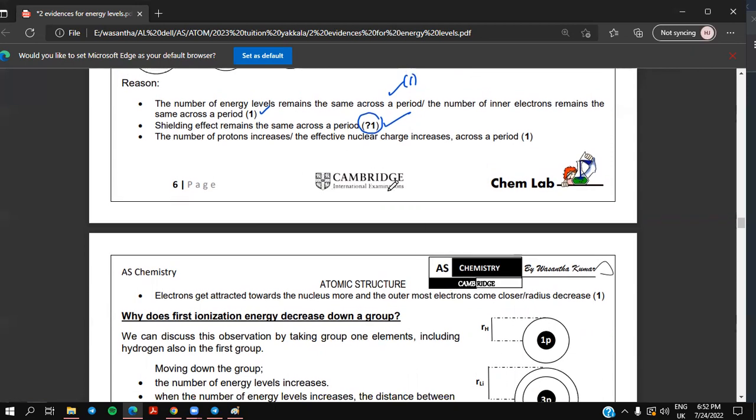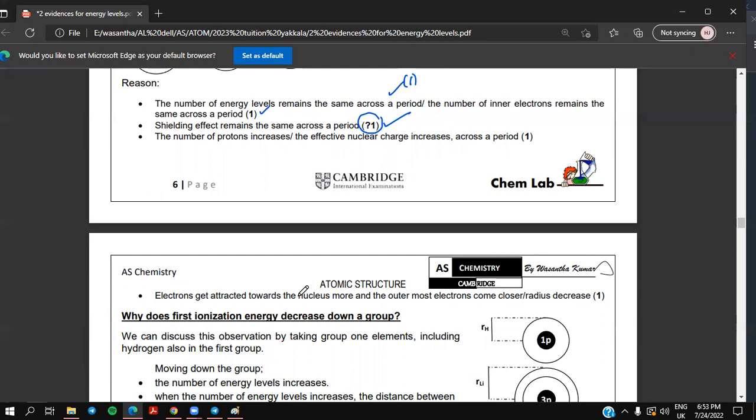See how you get marks. First mark for telling the energy levels are the same and the shielding effect is the same. Second mark is for telling, because proton number increases across the period, effective nuclear charge increases. And then we say electrons get attracted to the nucleus more and more, and the size of atoms decreases.